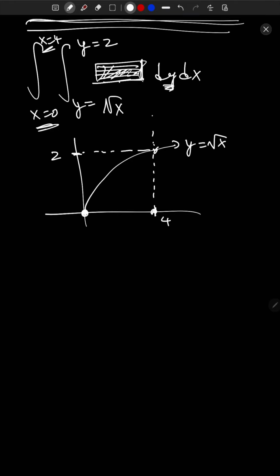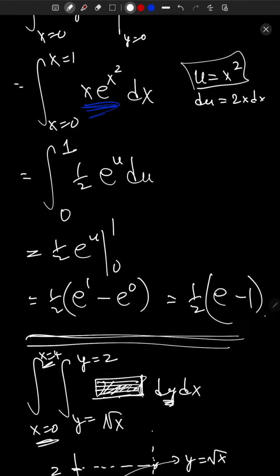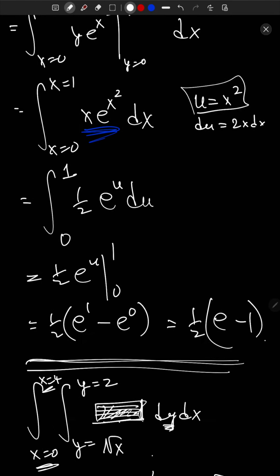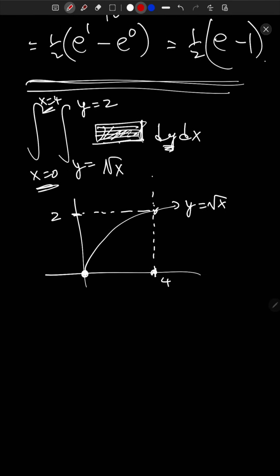So each of my dy integrals is going to be from the square root to the constant, and I'm ranging from 0 to 4. So my region is this upper part of this picture.